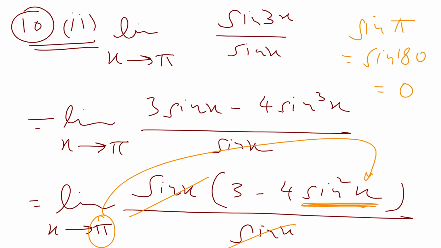So this value will be 0 square. It is not making the denominator 0 because the denominator is as it is 1. So this was a relatively simple problem. After cancellation, 3 minus 4 into 0 square, that will be your answer.